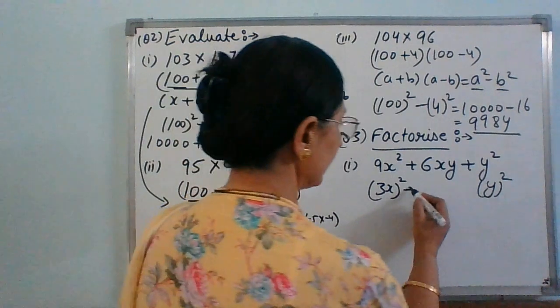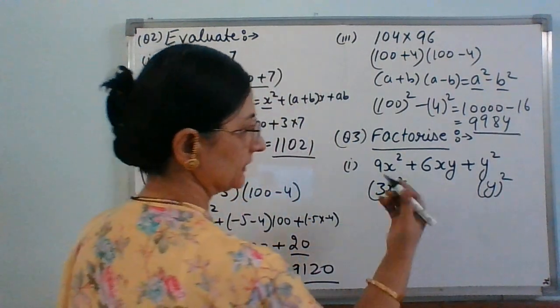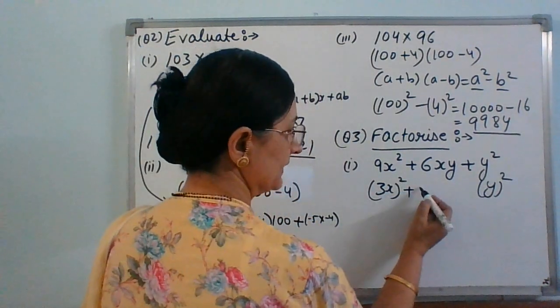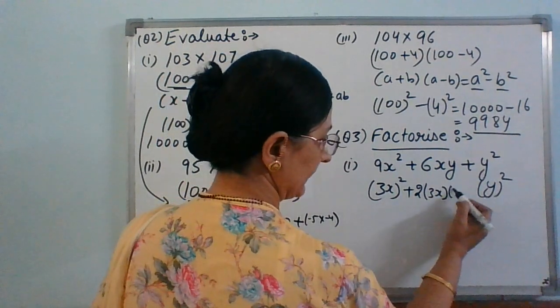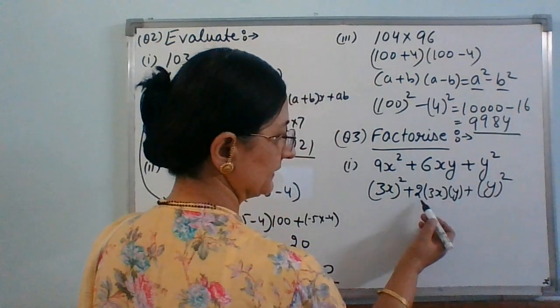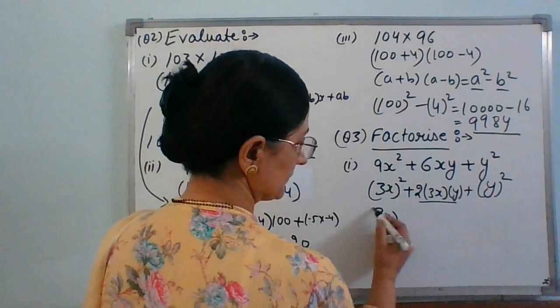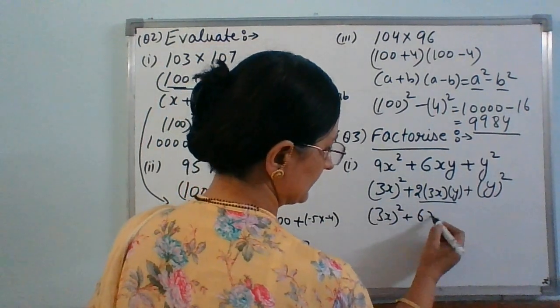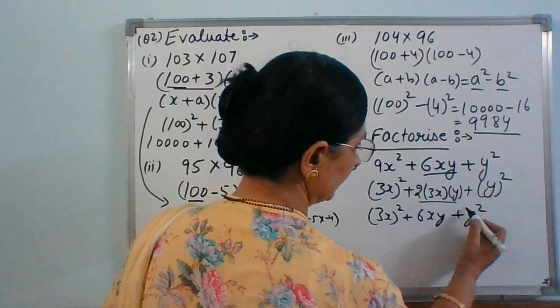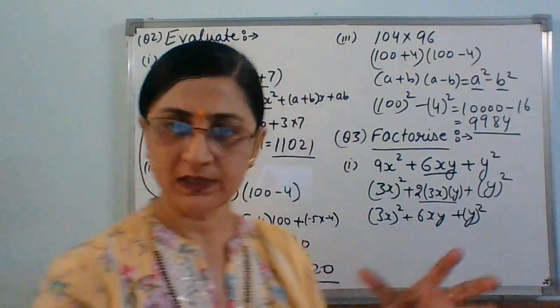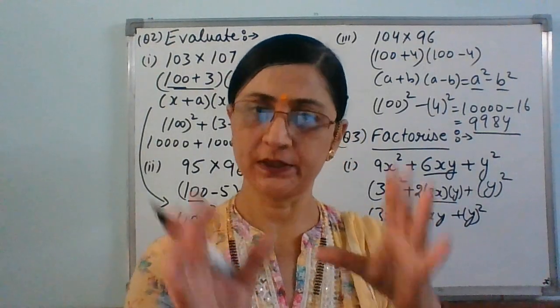So here, now write the term 2ab yourself. This is a square. So twice a is 3x and b is y. Let us check whether we are getting the same answer. 3x square plus 2 into 3 is 6xy. Yes, we are getting the same, right? So here we are checking what is a square, what is b square, what is 2ab.